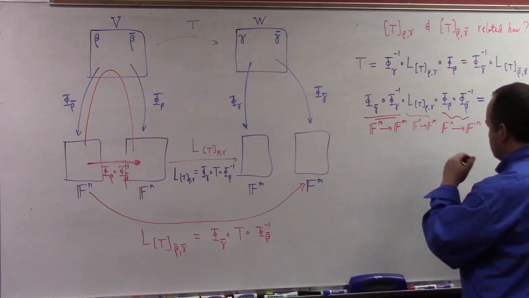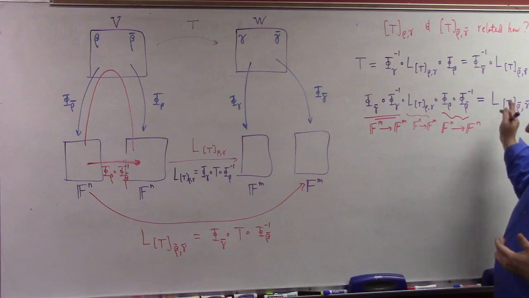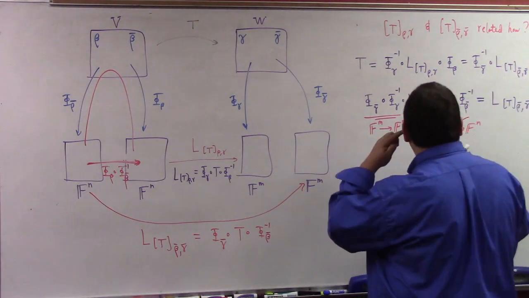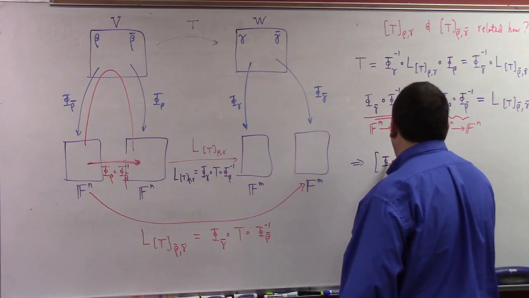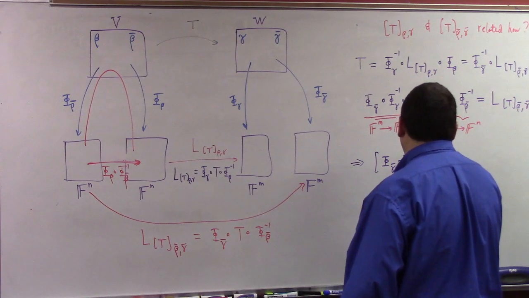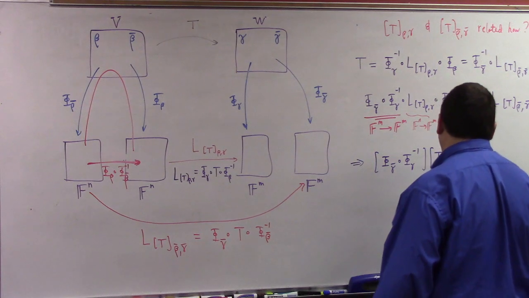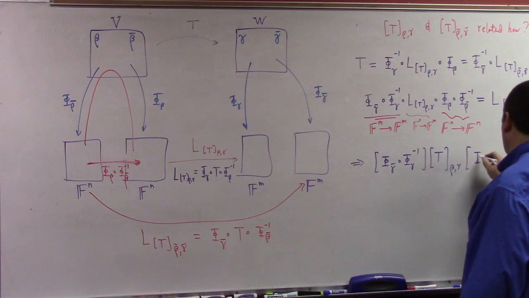So my point to you is this is the composition of linear maps. So what we can see from this is that the matrix of phi gamma bar composed with phi gamma inverse times the T beta gamma matrix times the matrix of this thing here.